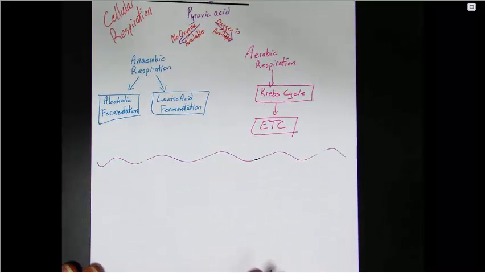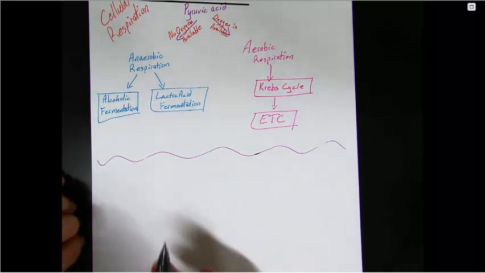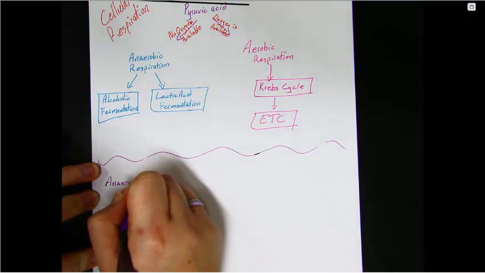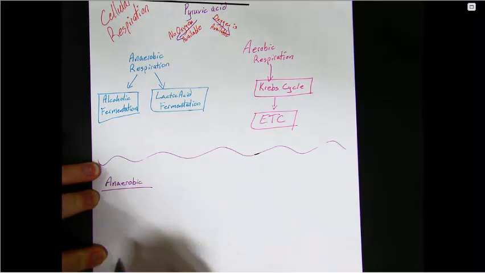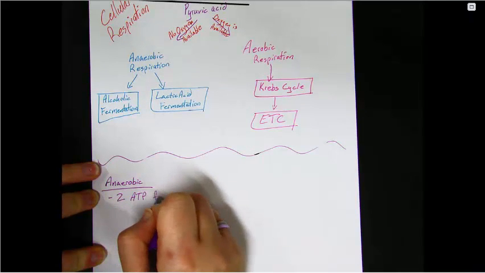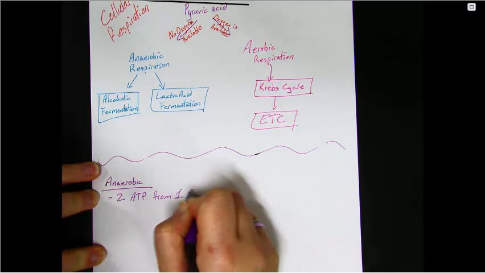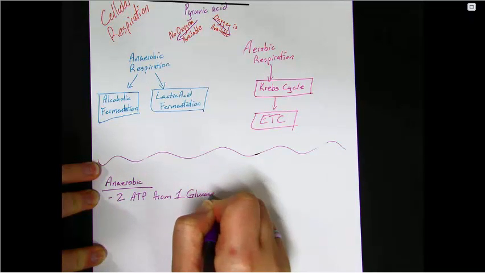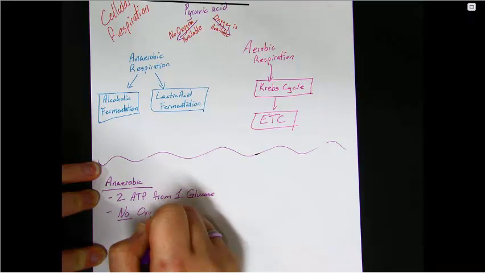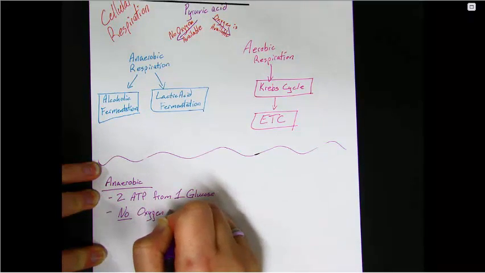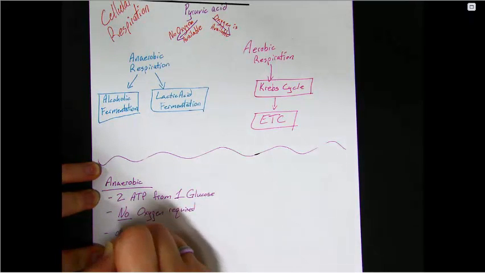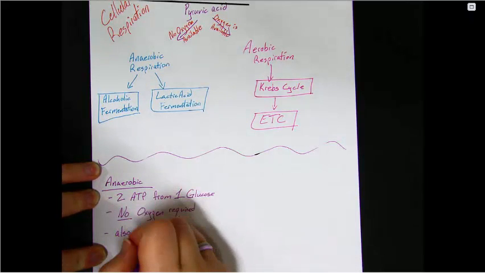Now again, let's review our products. If we have anaerobic respiration, we are going to produce 2 ATP from 1 glucose. Again, remember, no oxygen is required. This is also called fermentation.